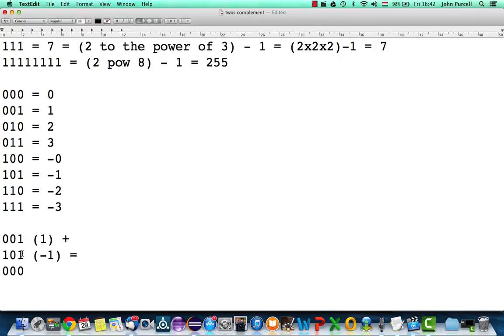That's like adding 9 and 1 in the decimal system. The answer is 0, and you have to carry a 1. So this gives a 0 in this column, carry the 1. So 0 plus the carried 1 is 1. And then for this column, 0 plus 1 is 1. And what's this equal to? 110, it's minus 2.